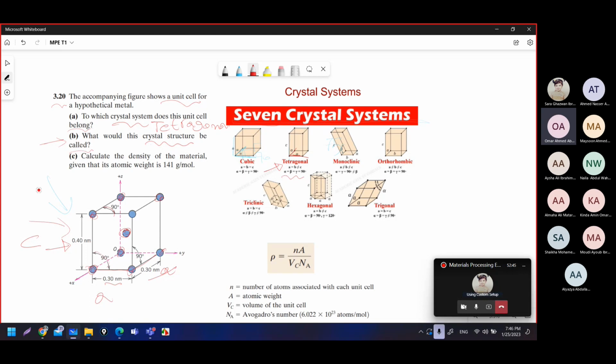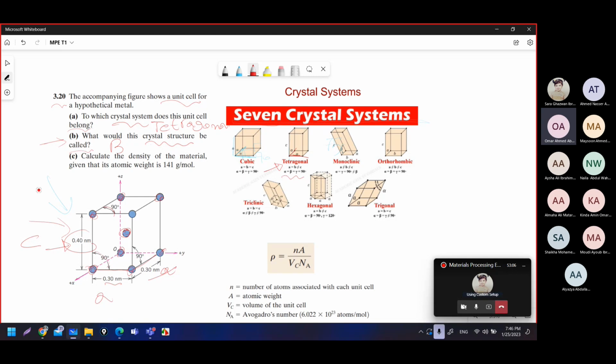But BCC is a cube only. The edges of the cube all have the same length. But here we have 0.4. So we will take the word body, and we'll say it is body centered but not cube, it is tetragonal. So it is body centered tetragonal.